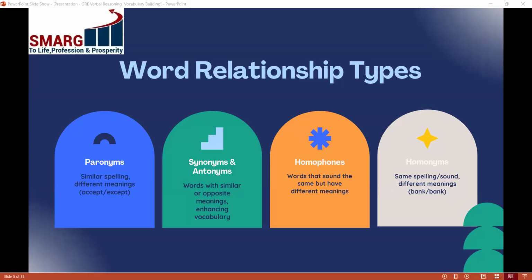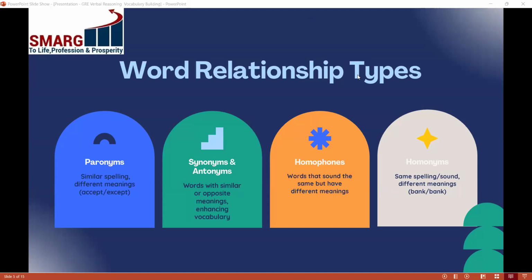Understood this method? Yes? Five things: synonyms, antonyms, paronyms, homophones, homonyms. Excuse me, ma'am. Under homonyms, the example that you've given, bank and bank. One bank being a verb, am I right? It can have different meanings. No, it's a river bank also.